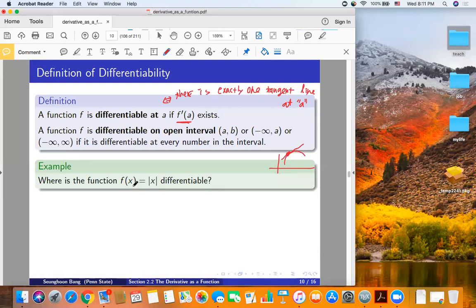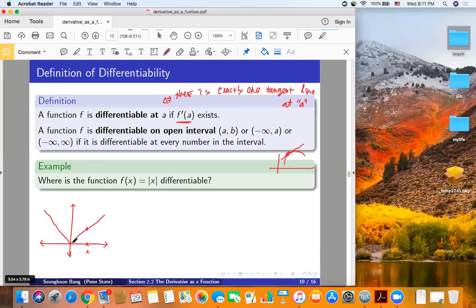Here, do you know the graph of f of x equals absolute value of x? You can sketch the graph. Yes, like a V. You can choose a positive number x here. What is the tangent line?